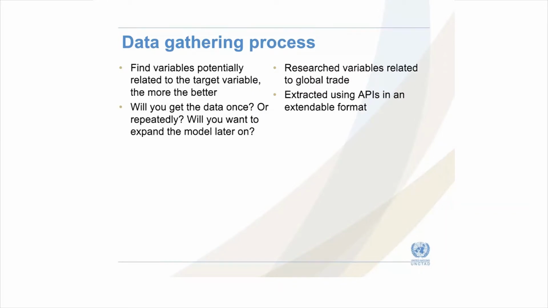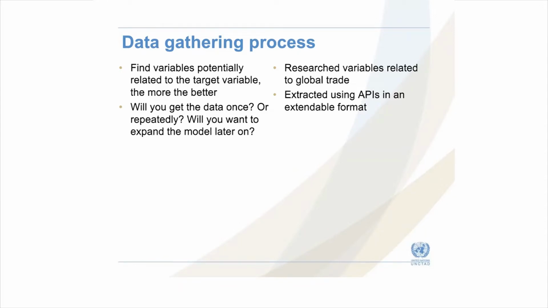So that means not downloading tables from databases, but rather using the API, making the manual process of updating your data or adding a new data set as automatic as possible for future use.